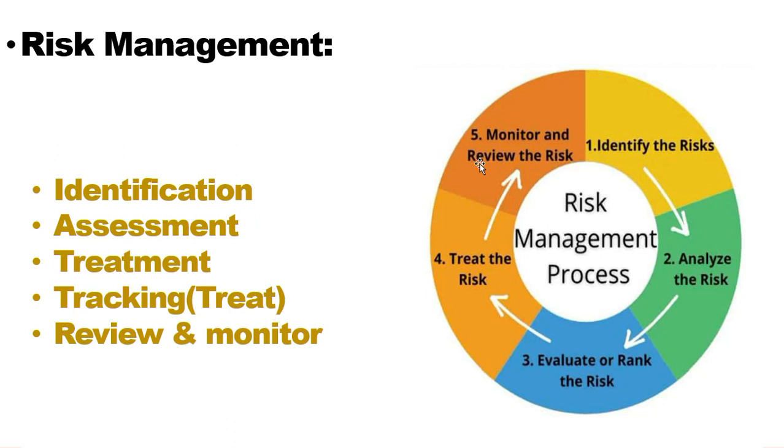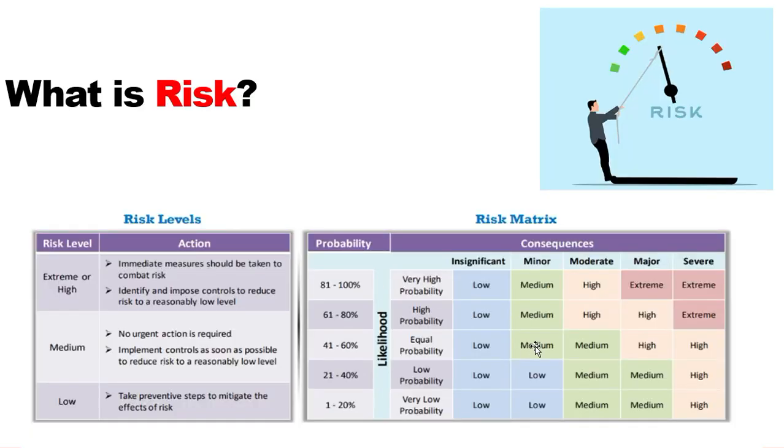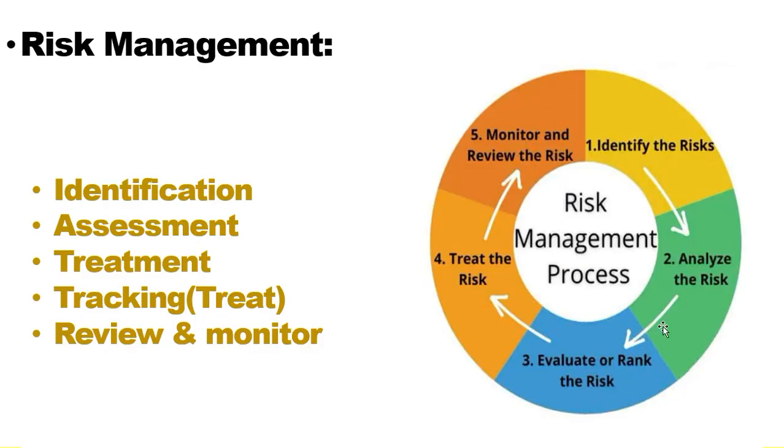Then you run the analysis, the assessment. The assessment will be to estimate the likelihood and impact of the risk. That's the table we talk about. Based on the assessment and the analysis, you will prepare this tabular matrix for your organization's valuable assets. Then the next one, you evaluate and rank them.